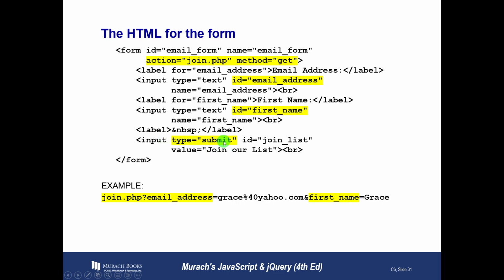So this is the submit button for our form. When somebody clicks that button, that event automatically happens. It submits the data from the form using this method to this script on the server. Okay. So this one says join our list. When we click it, it will send this to the server, an HTTP request.